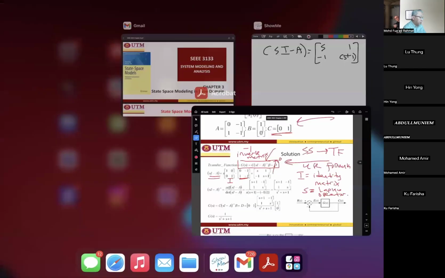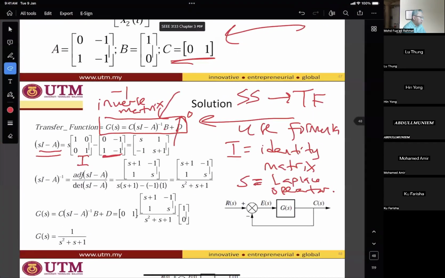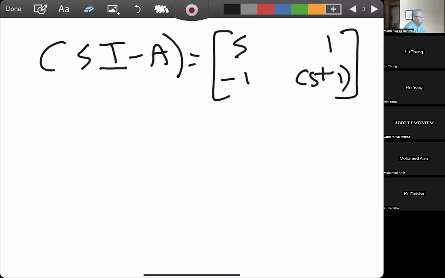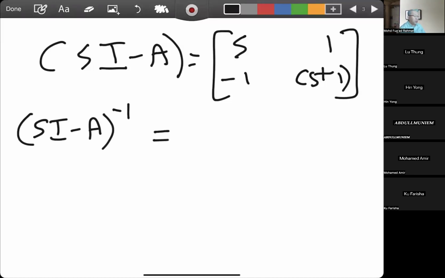Okay, guys, do you understand? So what is the formula for the inverse of sI minus A? Yes, doctor, the inverse matrix formula: the matrix divided by the determinant of the matrix.